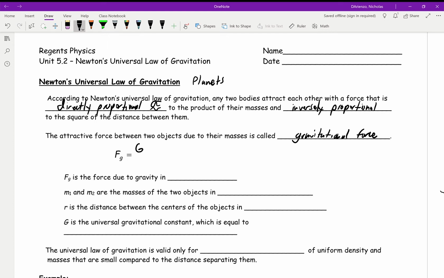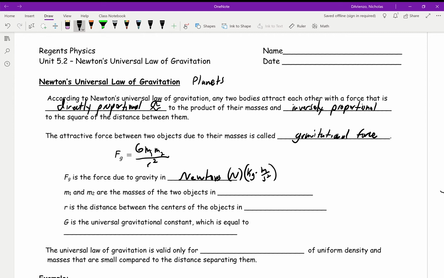F sub g is equal to big G times the mass of object 1, the mass of object 2 divided by the radius between the centers of those objects squared. So F of g is the force due to gravity, and we measure that in newtons, represented with a capital N, which is also a kilogram times a meter per second squared.